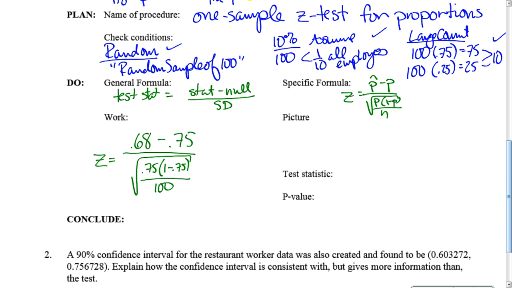When you do all of that, you should end up with a negative 1.63. I wouldn't do that all at one time. I would do the standard deviation on the bottom, do all that, and then divide it. But that's just me. Your picture here is this. I remember we said it was two-sided, right? So we've got this right here of 0.75.